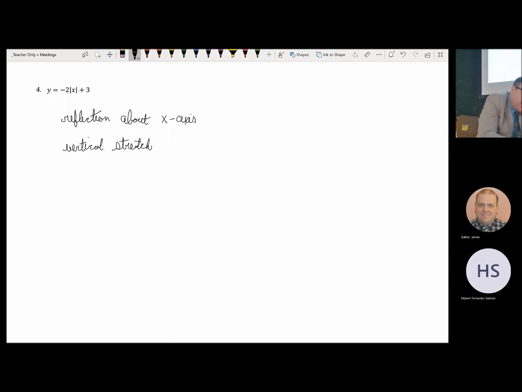So the vertical stretch by a factor of 2. All right. Now that plus 3 is a translation.